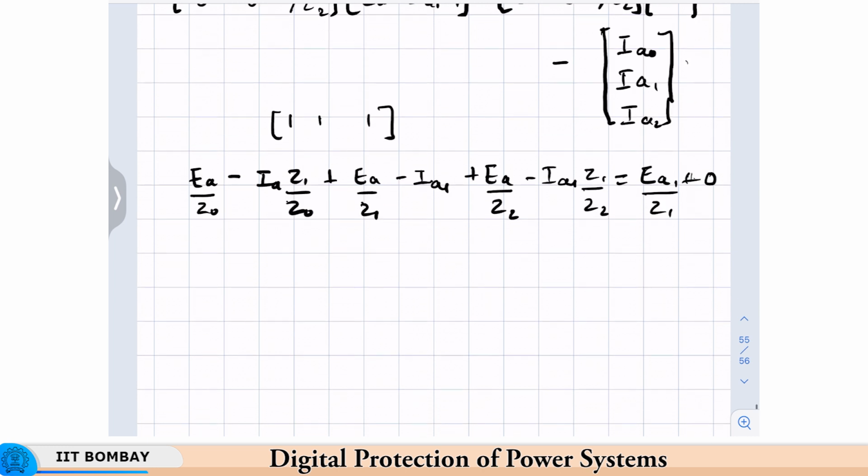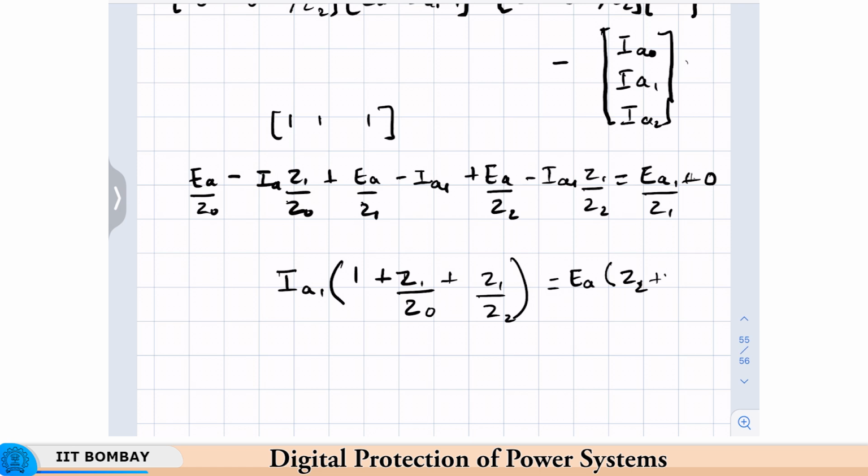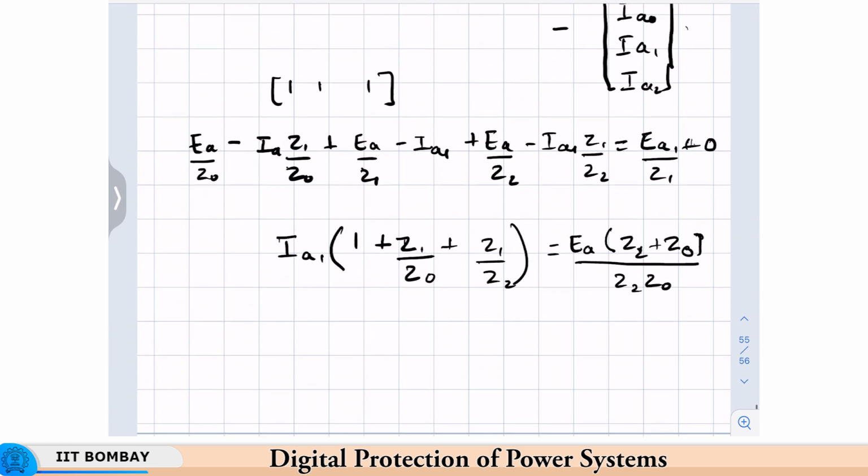Now, if we just collect the terms together, IA1 into 1 plus Z1 by Z0 plus Z1 by Z2 is equal to EA into the remaining terms.